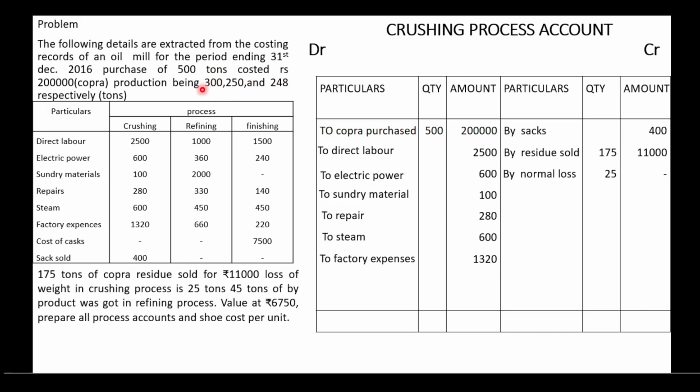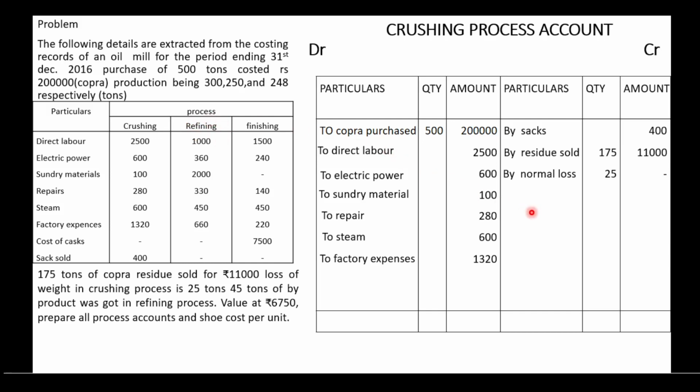So this output is 300 for the crushing process, 250 for the refining process and 248 for the finishing process. So now for the crushing process the output is 300 tons. This output is entered in the credit side of the crushing process as it is transferred to the next process. The next process is the refining process.